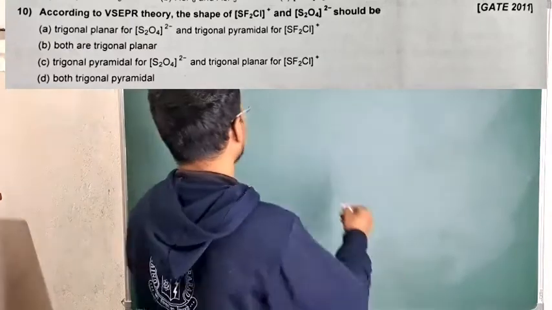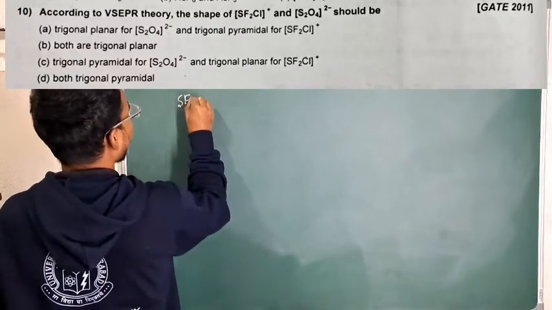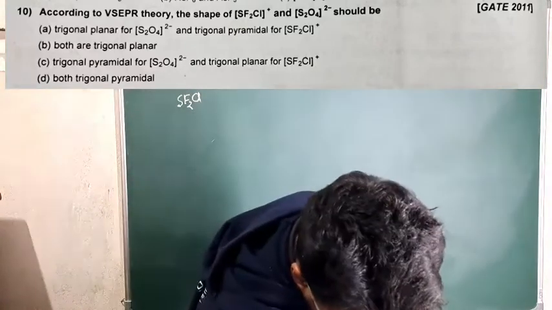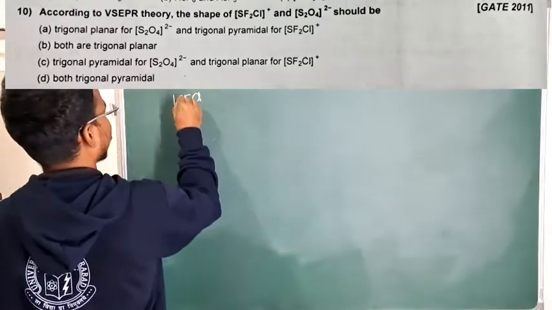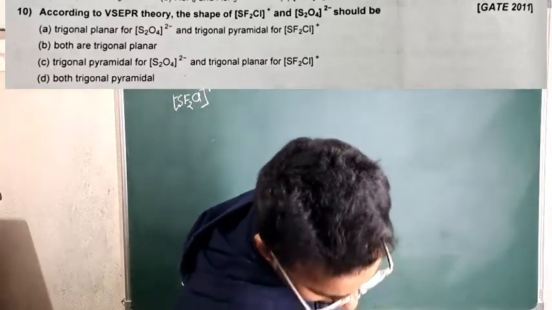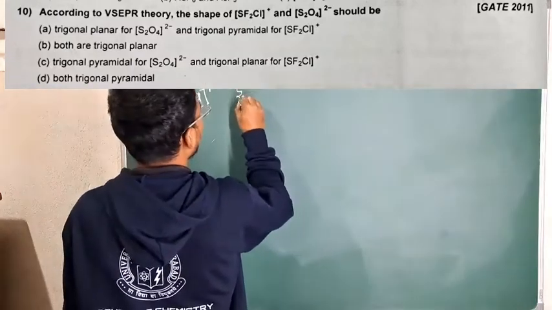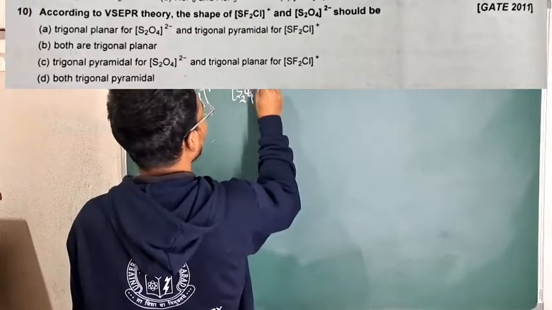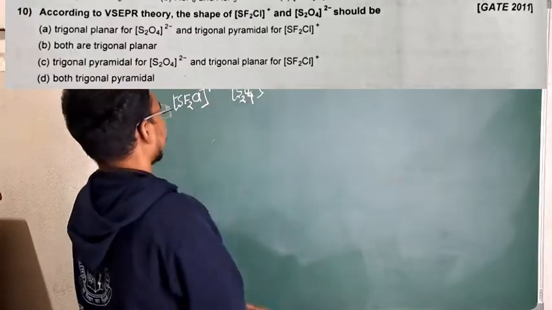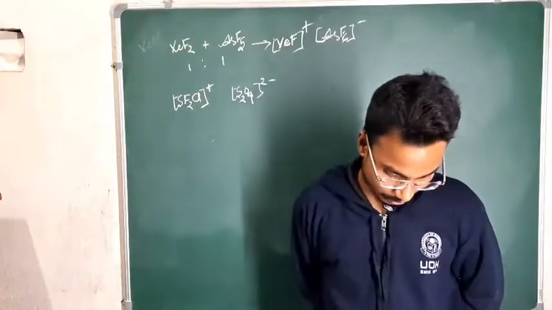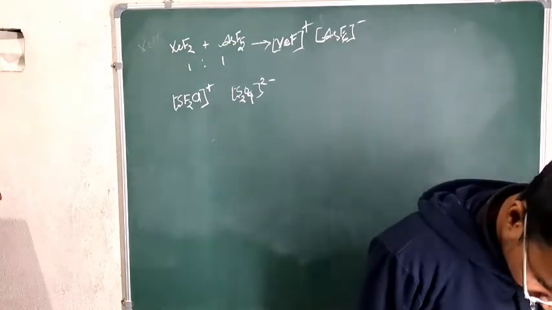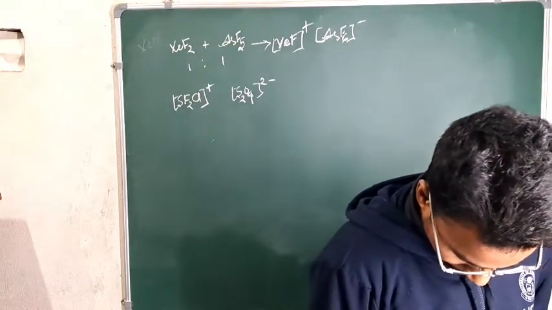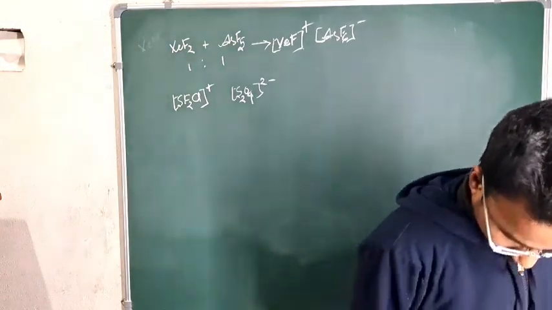Okay, SF2Cl plus and S2O4 2 minus. Tell me, what are they asking about, according to VSEPR, should be which one? They are actually asking about the shape or geometry, like that?